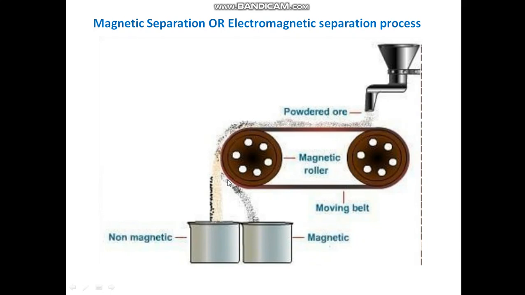This is because of the centrifugal force. The non-magnetic particles, or the ore particles, get collected in a different tank in a heap, whereas the magnetic particles will be near the roller in a separate heap. Now these two are collected in different tanks.